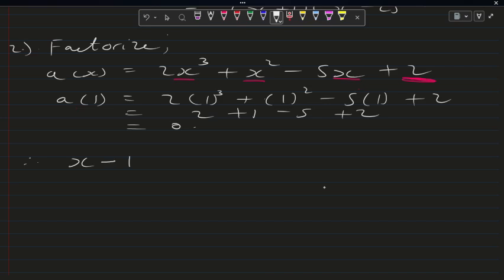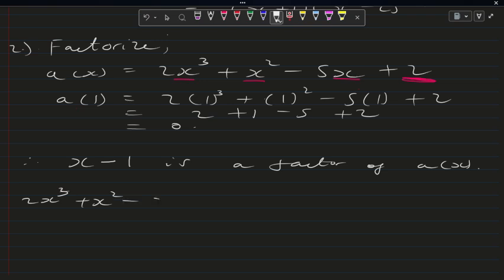From this we can conclude that x minus 1 is a factor of a of x.